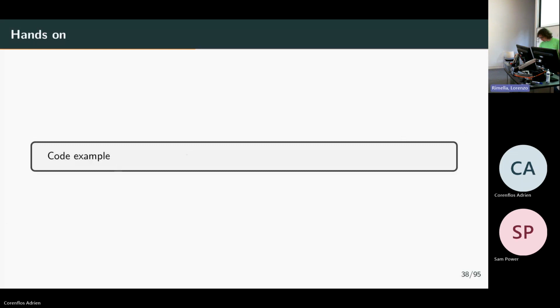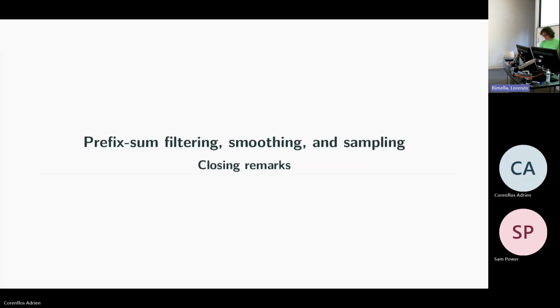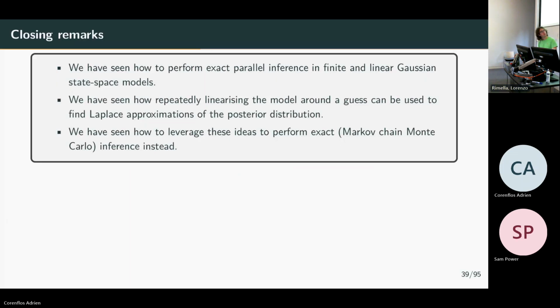All right. So some closing remarks on those methods. We now know how to do parallel inference, like filtering, marginal smoothing, or pathwise smoothing, on linear Gaussian state space models and on finite state space models. We have also seen how some approximations can be used to get Gaussian approximate posteriors.